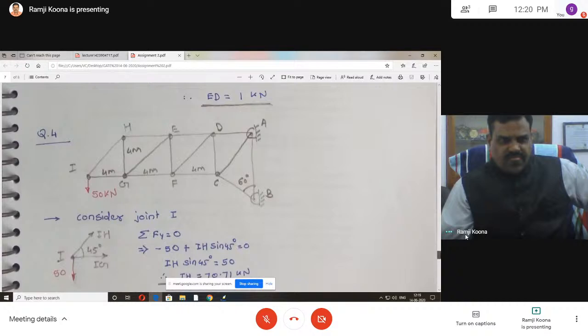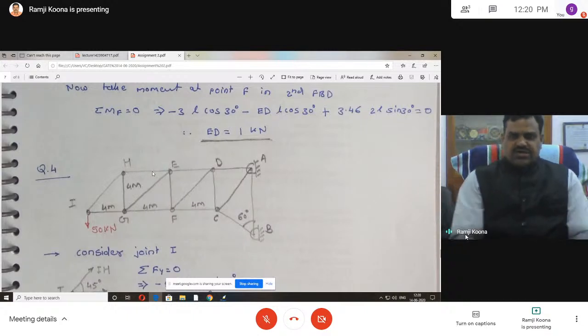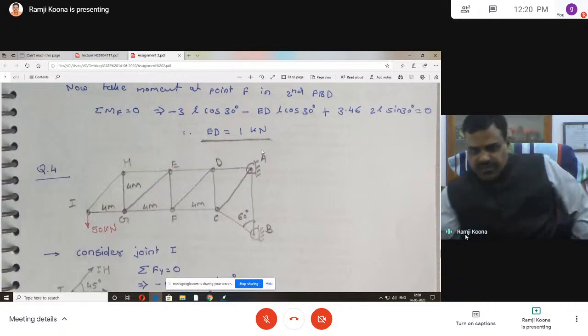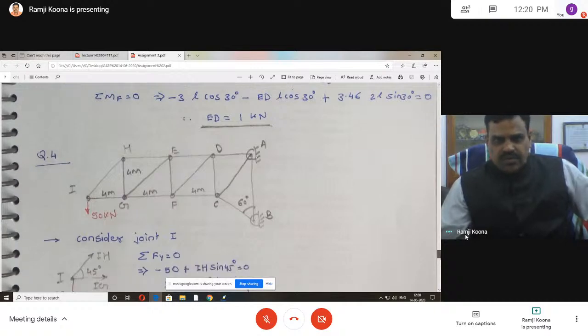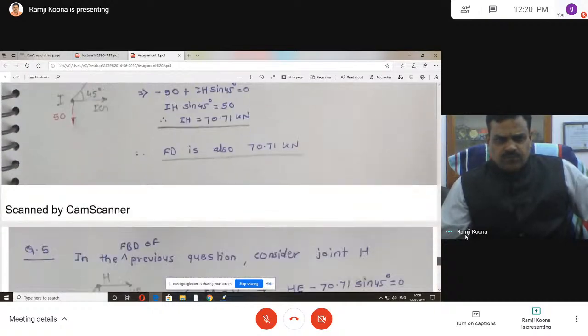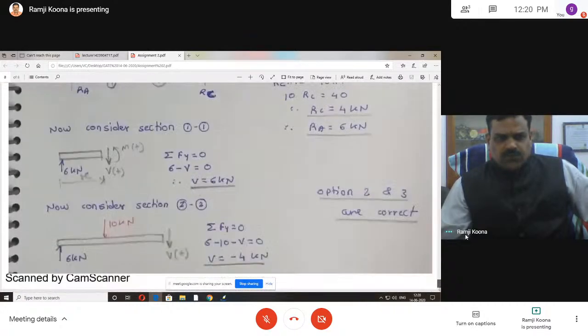After this, if you go to this joint, three unknowns are there. If you consider this joint, only two unknowns are there, and the two unknowns can be solved. This is the hinge support and this is the roller support.